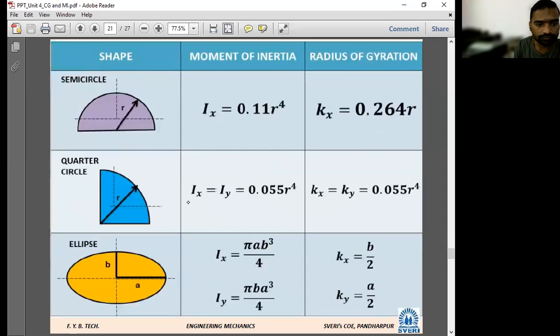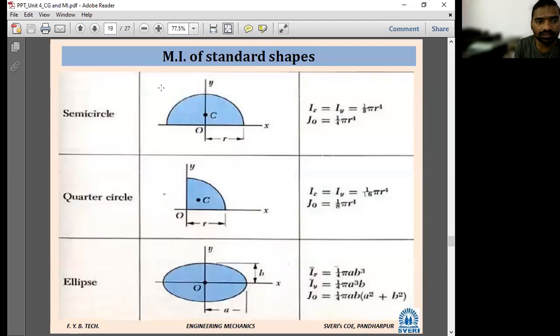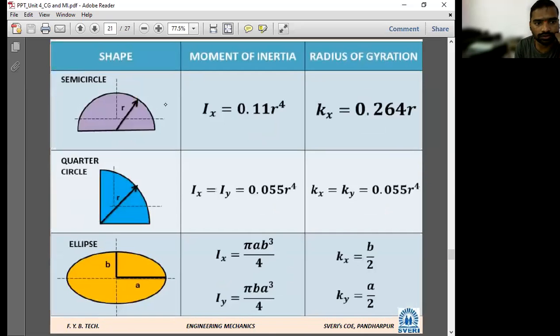Then semicircle का क्या ये था? 0.11 r raised to 4. See here. ये calculate करो, pi upon 8 करो calculator में. Pi divided by 8 is 0.39.